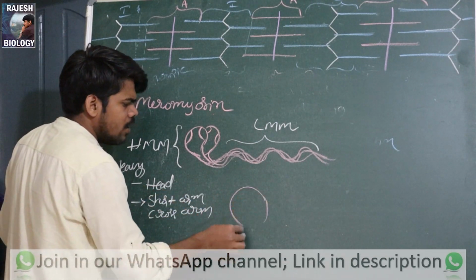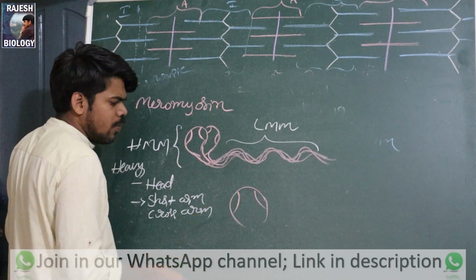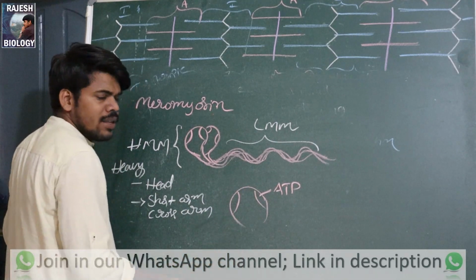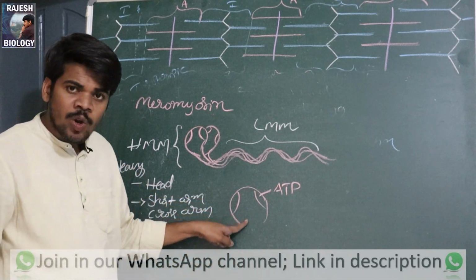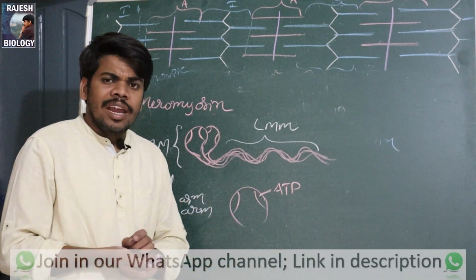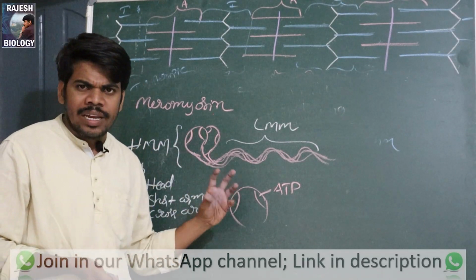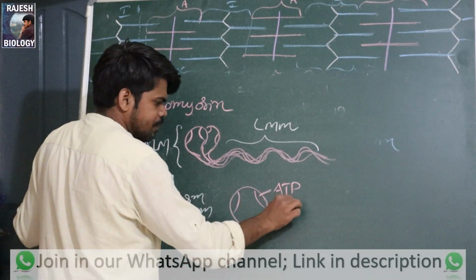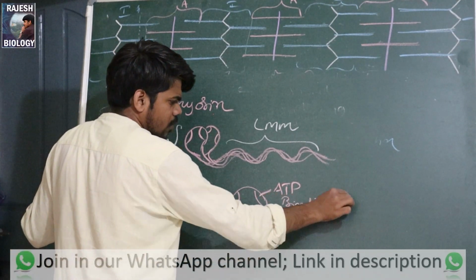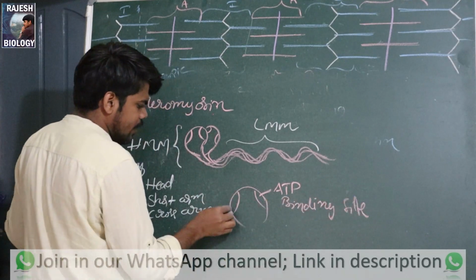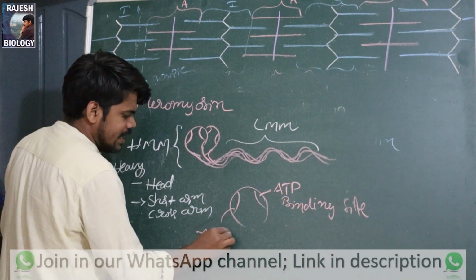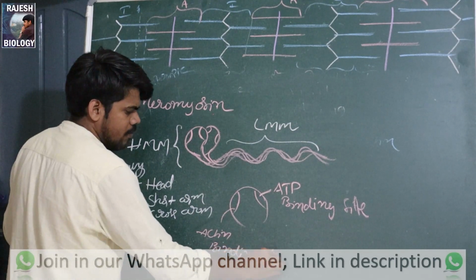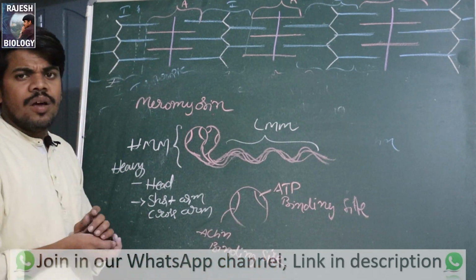The head of myosin has two binding sites. Actually, the head of the meromyosin is nothing but an ATP hydrolase enzyme. It acts like an ATP hydrolase enzyme. One is the ATP binding site, and another one is the actin binding site. Simple. This is the myosin structure.